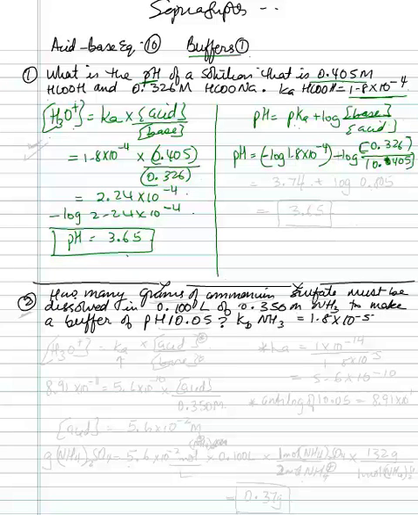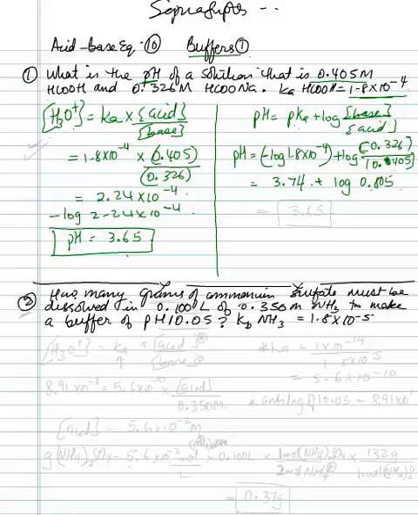Okay, and so once you do the calculation for all of this, the pKa will be 3.74, and then plus you will take the log of 0.326 divided by 0.405, which you should get 0.805.